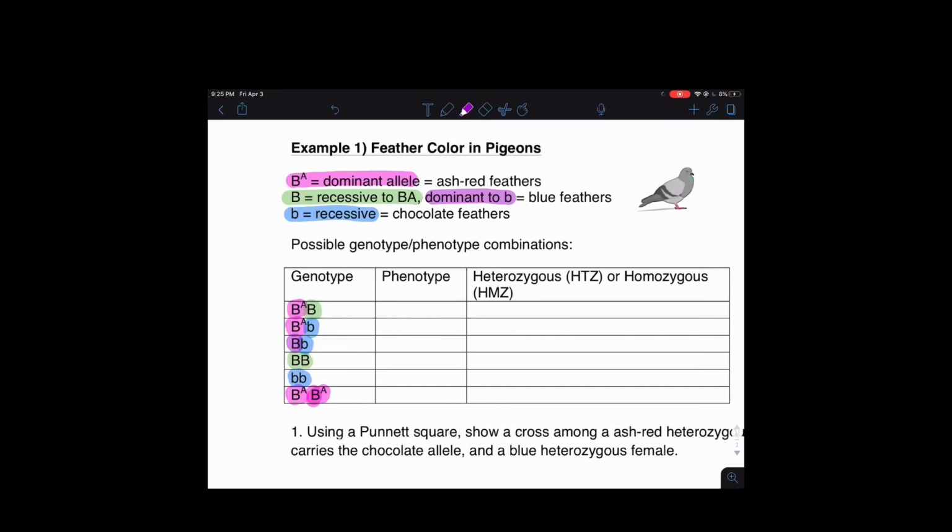So for the phenotypes, we know that B^A is the dominant allele, so anything that has B^A in it is going to be ash red. So that means the first one should be ash red. And the second one should also be ash red because it has B^A in it.